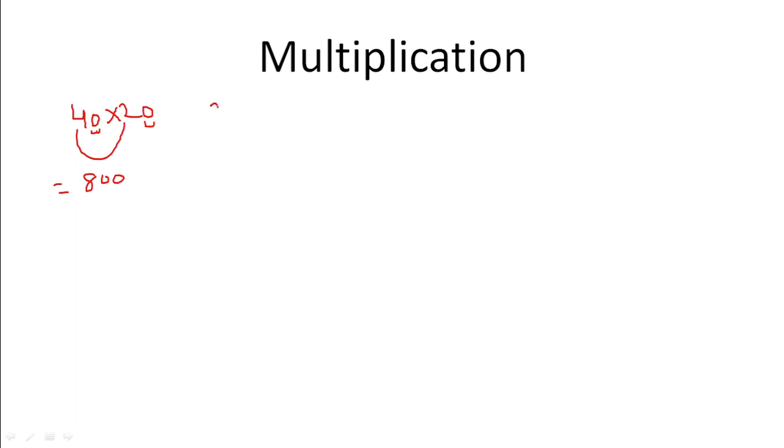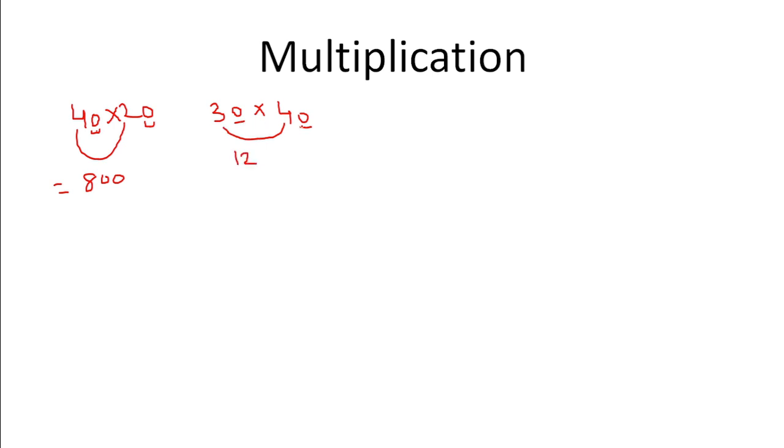See another example, 30 into 40. For example, this is the number. So what I told you, you can see at unit place zeros are there, so we just multiply the numbers. 4 threes are 12.